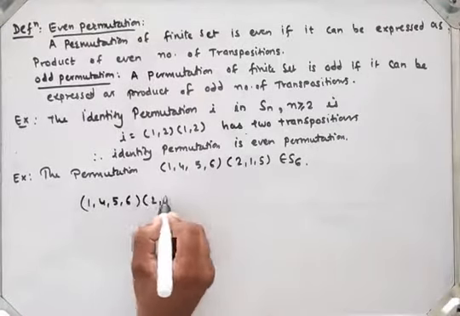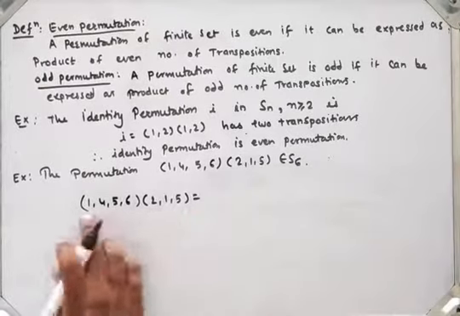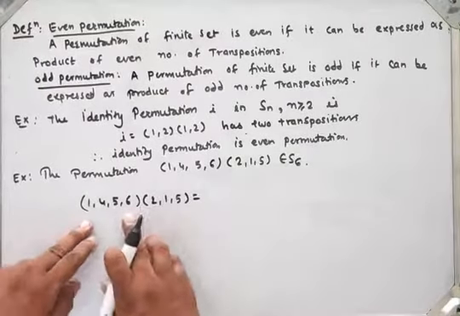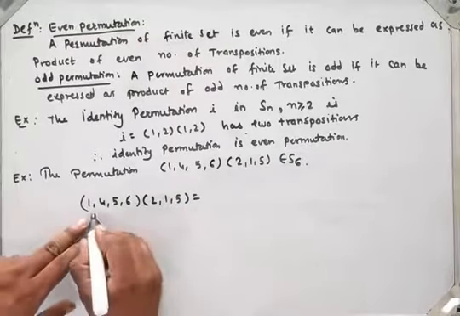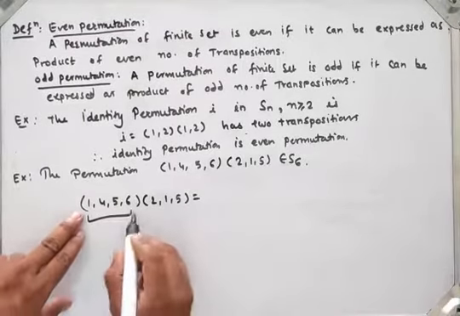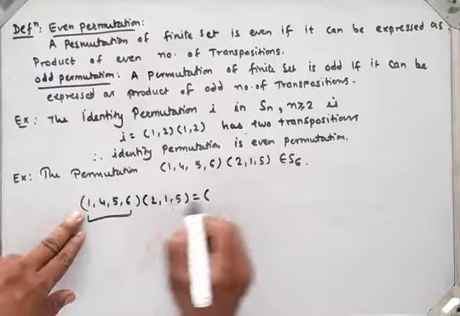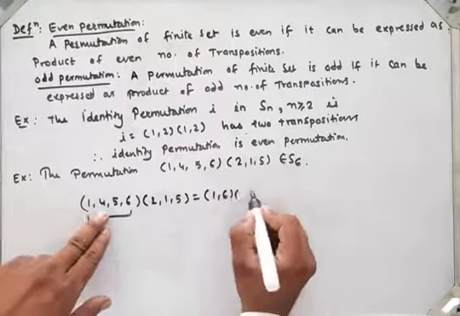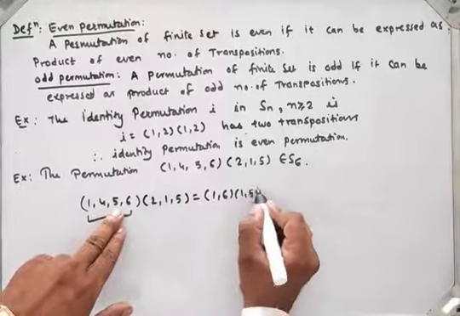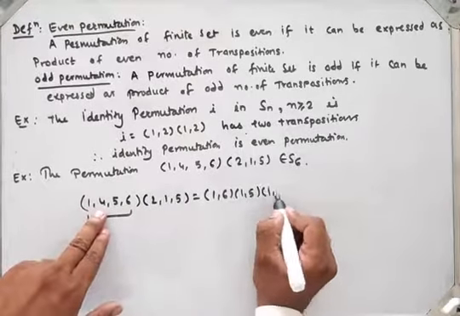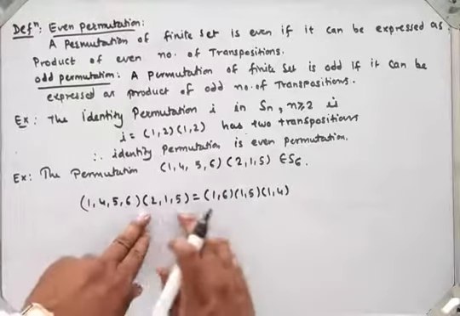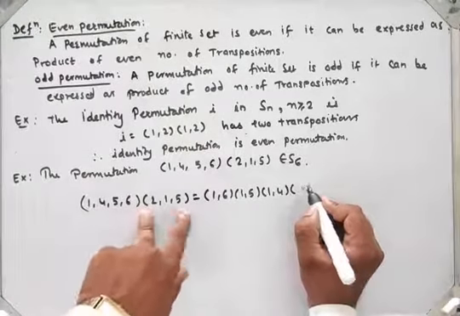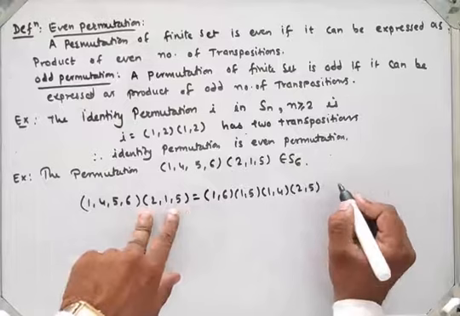This cycle has 4 elements and this cycle has 3 elements. From the first cycle we find the transpositions: (1 6), (1 5), (1 4). So it has 3 transpositions, and for the second: (2 5) and (2 1).